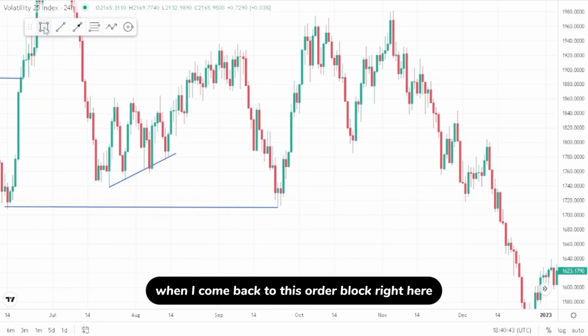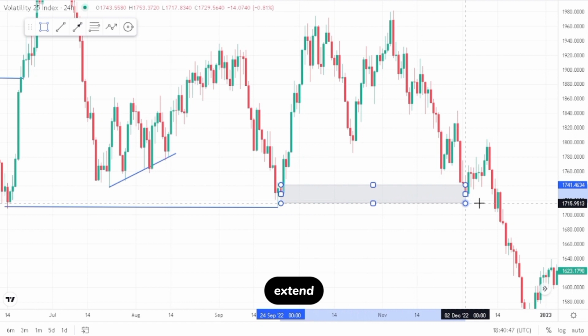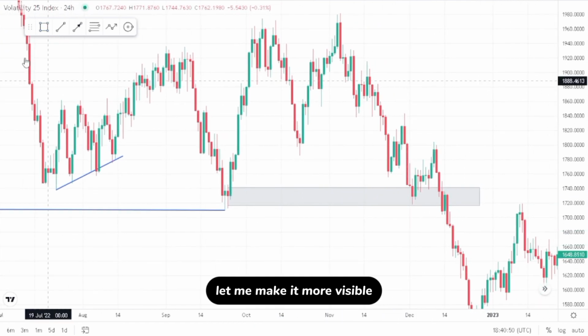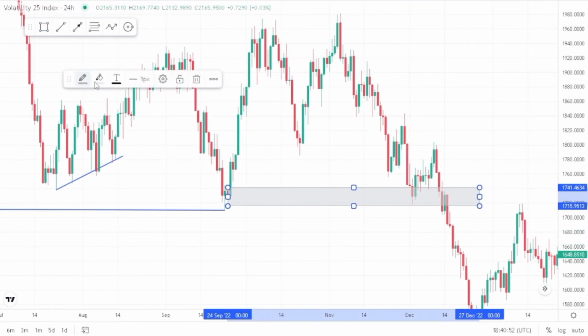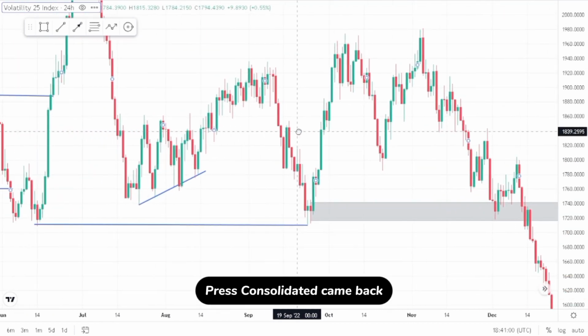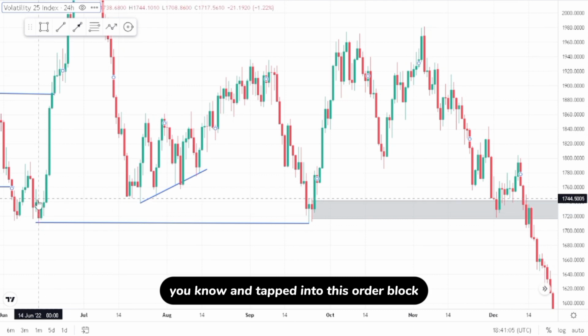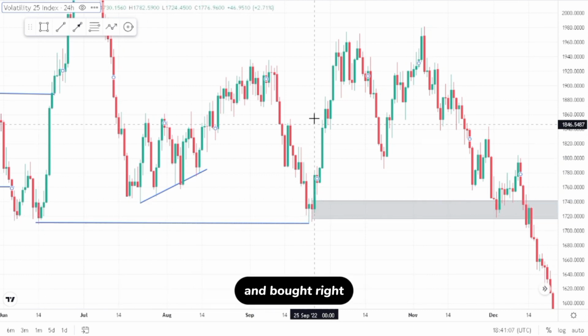So when I come back to this order block right here, we extend. Let me make it more visible. Yeah, this order block right here, price consolidated, came back, and tapped into this order block and bought, right?